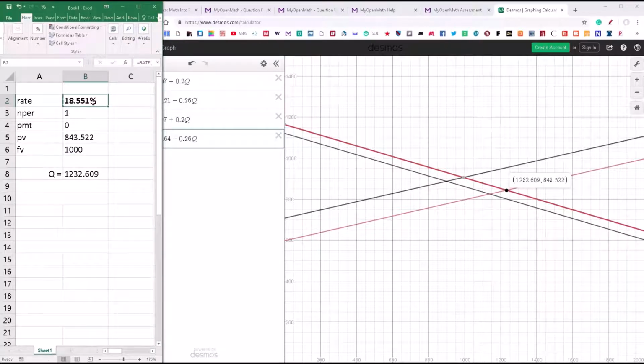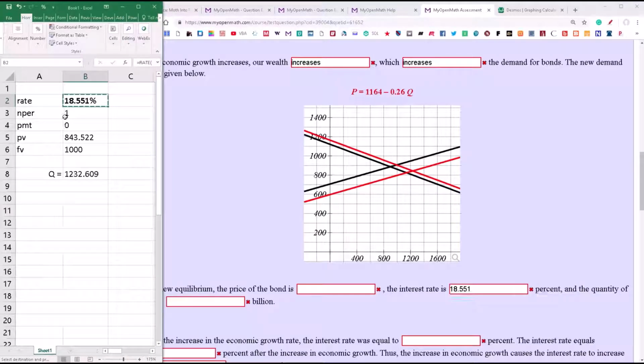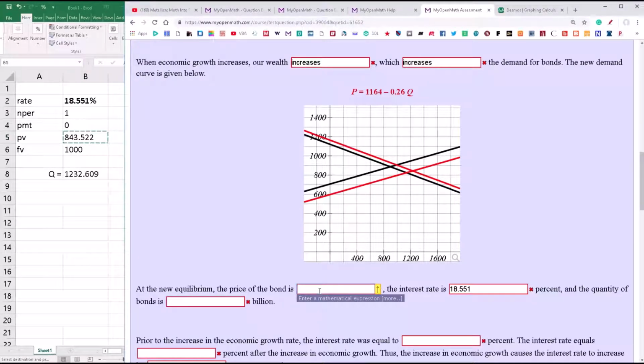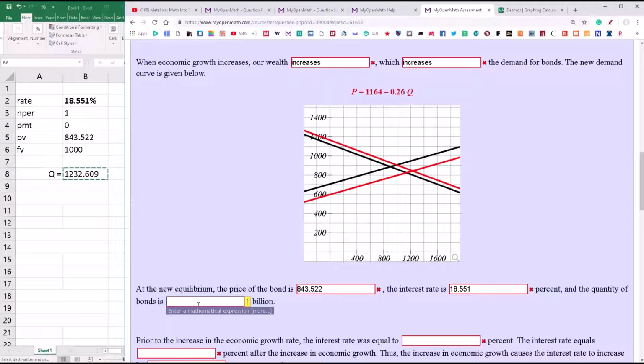So the interest rate is 18.551%. The price is right. The quantity demanded is 1,232.609 billion.